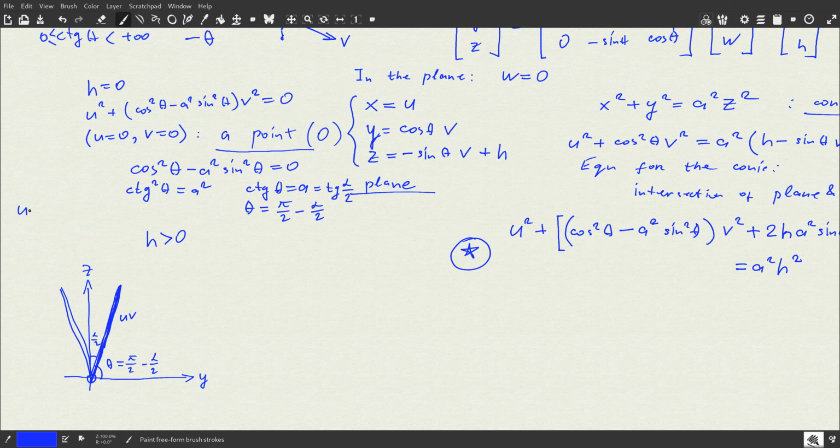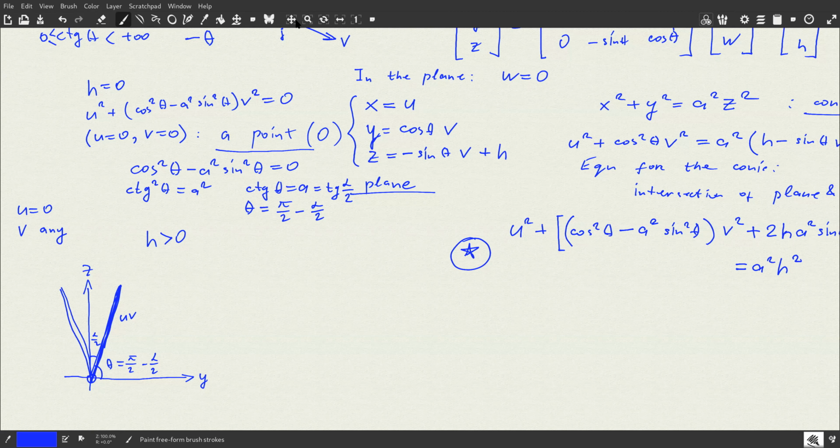We have just u equals 0, and u equals 0 is just the whole line. So a single straight line in this very degenerate case is also possible. So u is 0, v is any.